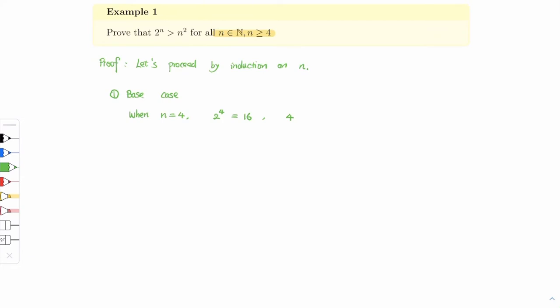I feel like I copied the wrong question, because 4 squared is 16 as well, so this is not even greater than. Okay, so I guess it's a typo. Here should be strictly greater than. So our base case starts at 5.